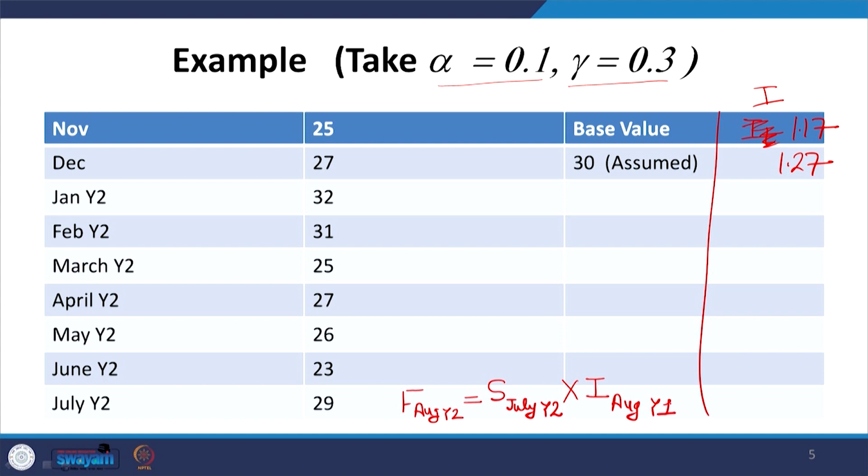That is the most recent updated value of seasonal index available to me. Please be careful that you do not use the value of seasonal index of July Y2 for calculation of forecast of August Y2.